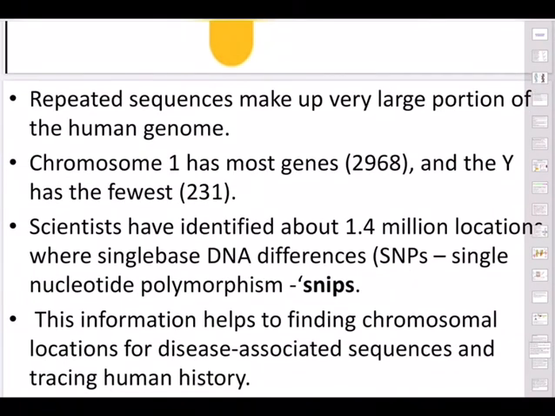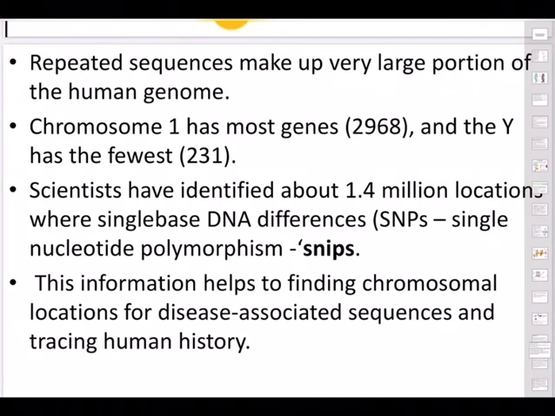So repeated sequences make up a very large portion of the human genome. Chromosome 1 has the most genes, 2968. Out of how many chromosomes do we have? 46. Out of 46, chromosome 1 has 2968, and the Y chromosome, which you just saw, has very few, 231 genes.